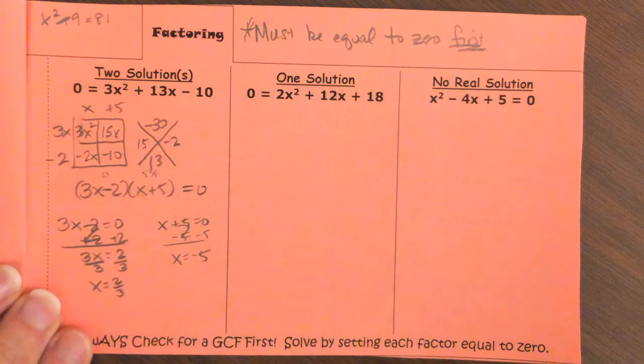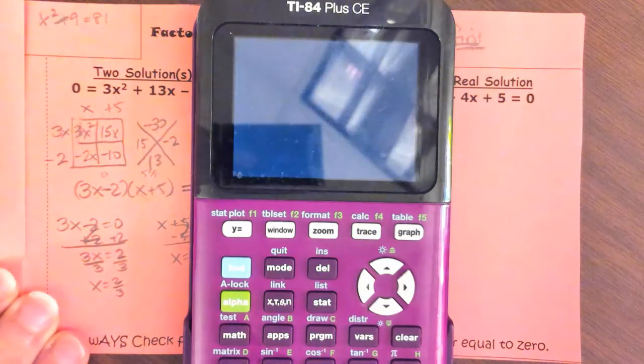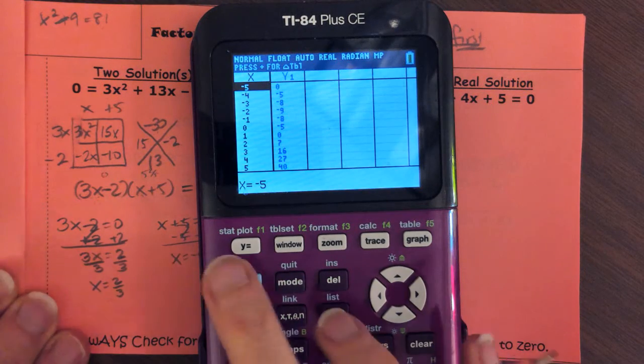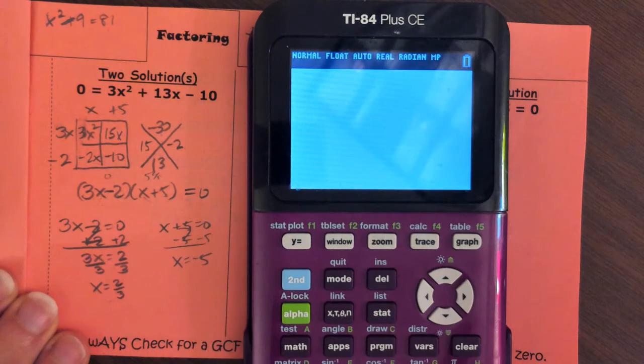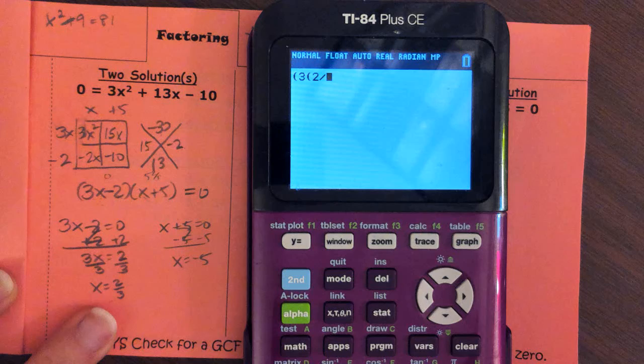If I substitute in, and let's just do it, okay? If I look here and I do 3, oh, there's going to be a lot of parentheses. 3 times, let's look at the first one, 2/3 minus 2.